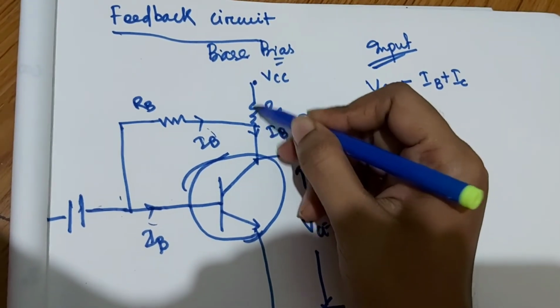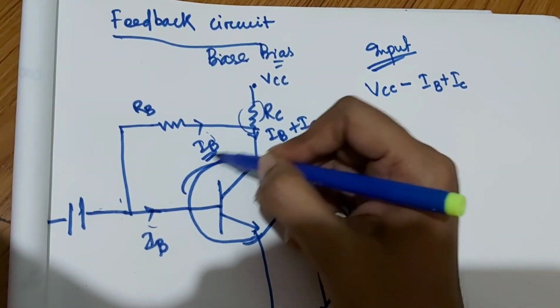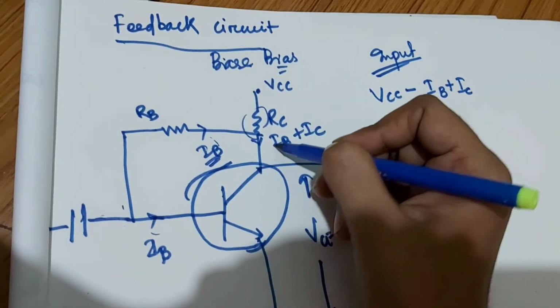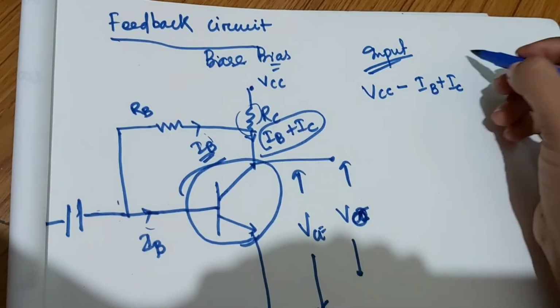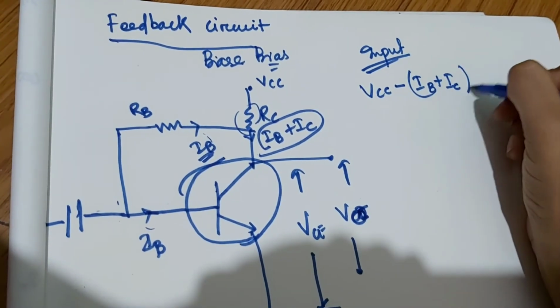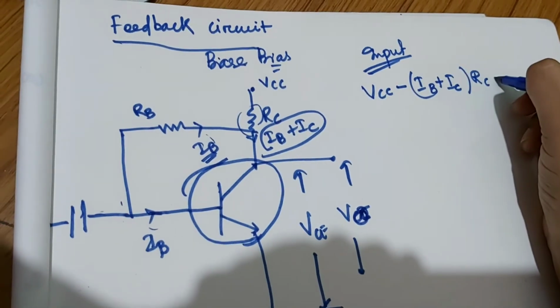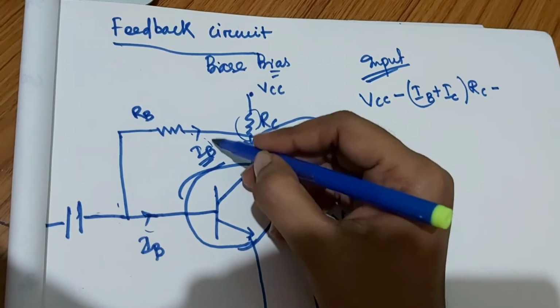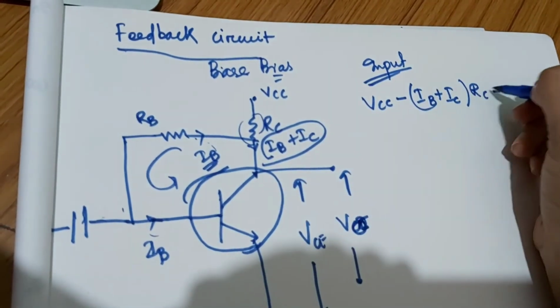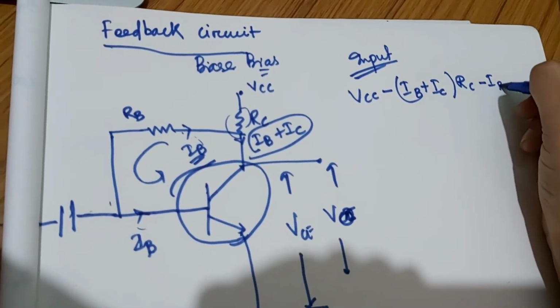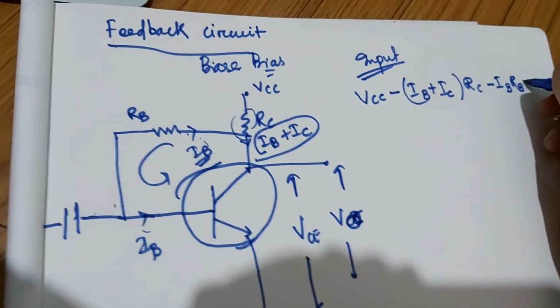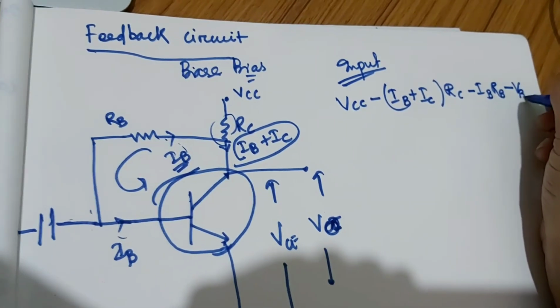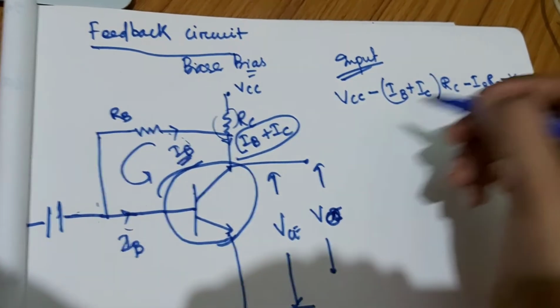IB also flows through RC. So IB plus IC into RC, minus IB RB, minus VBE equal to 0.